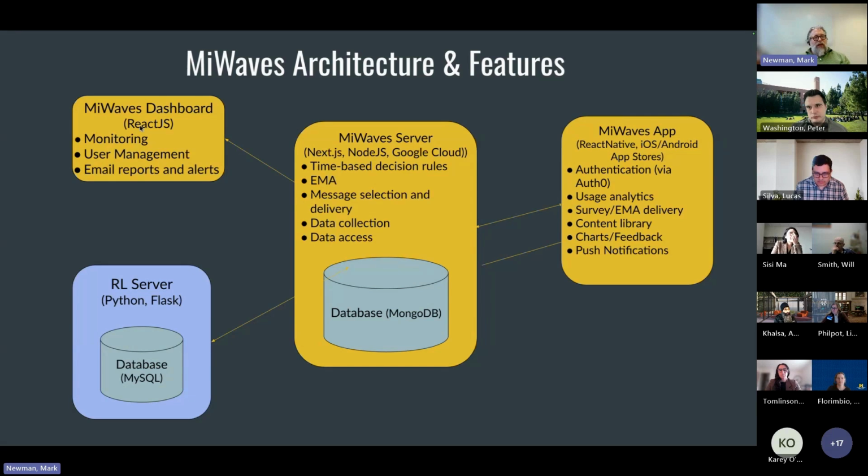There's also a dashboard that was built for the study team to monitor participant interaction, any system failures or oddities, and so on and so forth. And then there was a parallel project that the application proper was interfacing with, which was the reinforcement learning server that was built and hosted on a separate server.